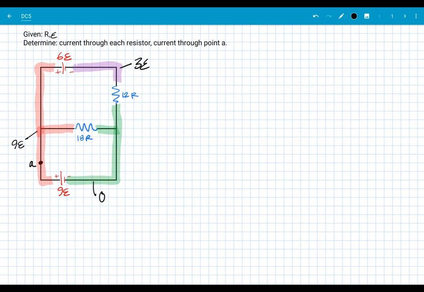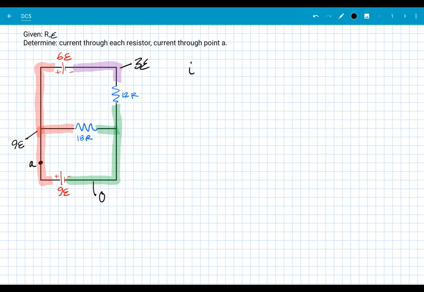So for instance, if I wanted to find the current through the 12R resistor, that's one of the things I'm asked for here. Well, I know that the potential over the 12R resistor is going to be equal to 3E because the 12R resistor goes from green to purple, which is 0 to 3E.